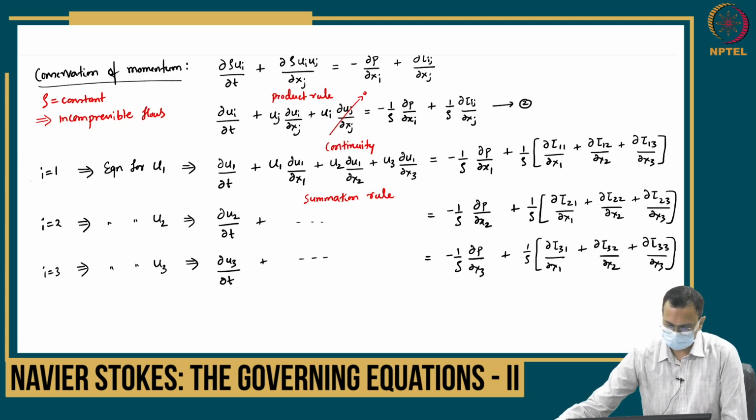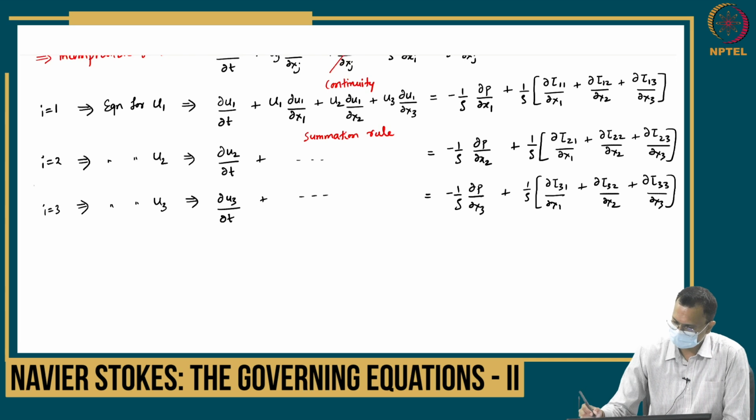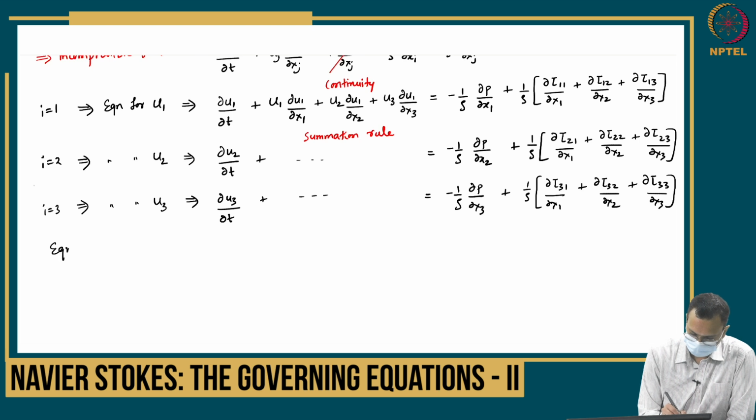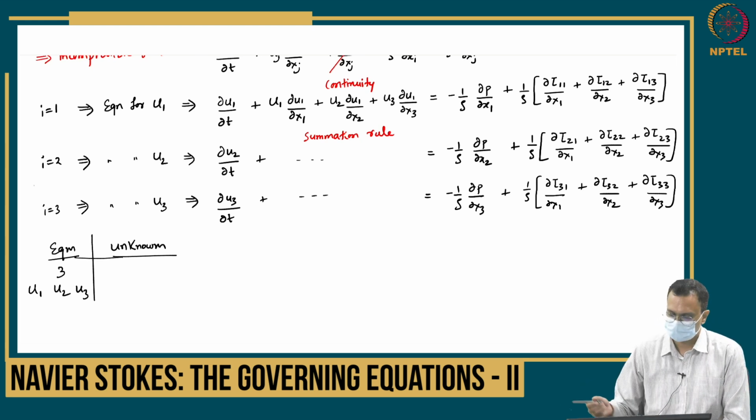So we have 3 equations. If I look at the number of equations here, I write it here: number of equations and number of unknowns. So I have 3 equations, for u1, u2 and u3, from conservation of momentum, correct?